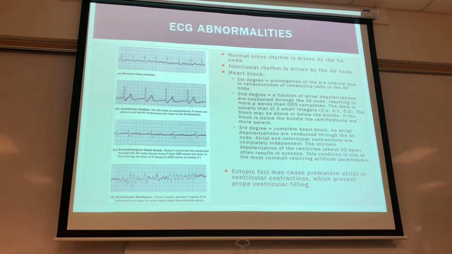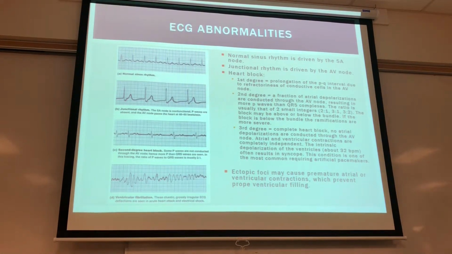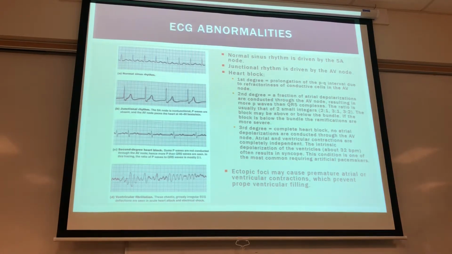What this helps us do is to take a look at the heart blocks. Blocks are basically a form of arrhythmia, and that arrhythmia is due to the lack or the dysfunction of either the SA node or the AV node, or somewhere further down the conduction system. So looking at the first degree heart block, it is prolongation of the PQ interval.